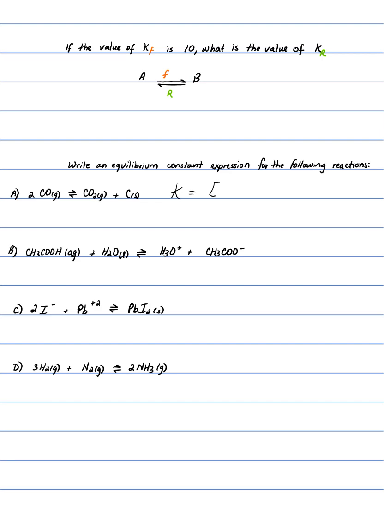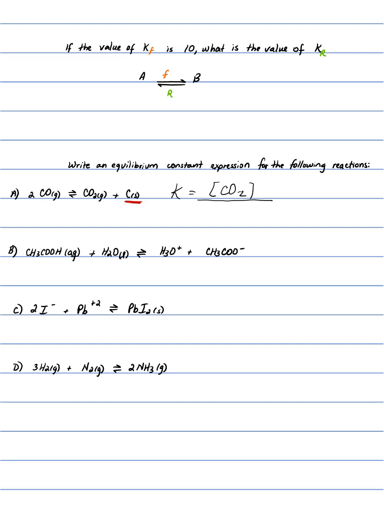Concentration of the products, CO2 raised to the power of the coefficient, there's no number, which means that is just 1. Now I'm not writing down C as a solid because that's a solid and it's not part of your equilibrium constant expression. So I'm done with the product side and now I'm moving towards the reactant.